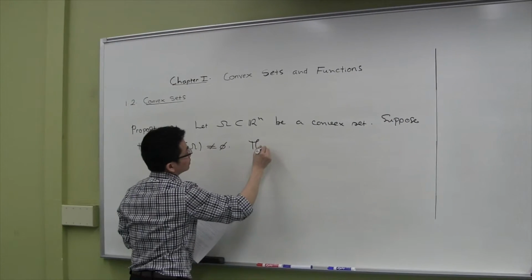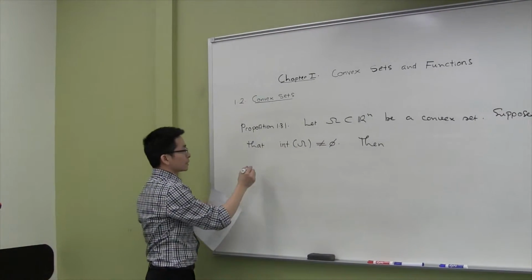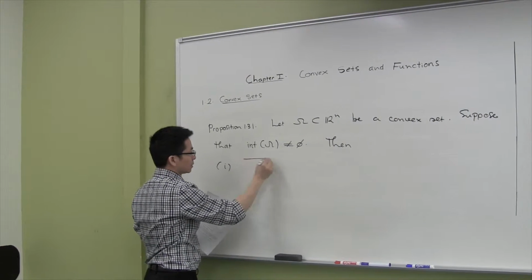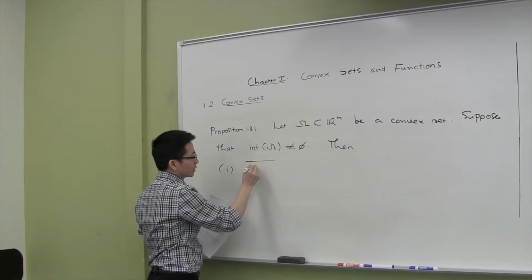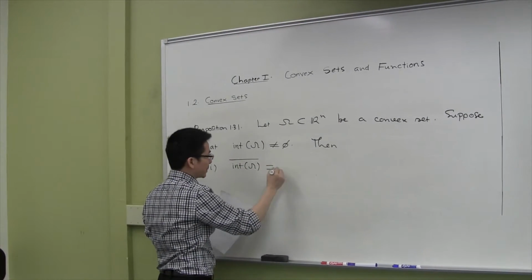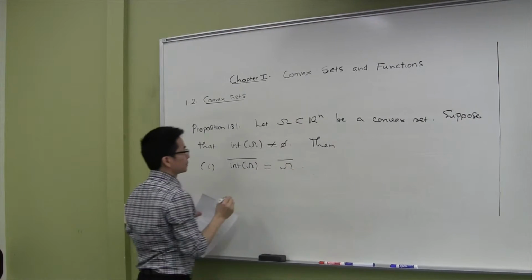Then the following properties are satisfied. The first property is, if we take the closure of the interior of omega, then it is the same as the closure of omega.